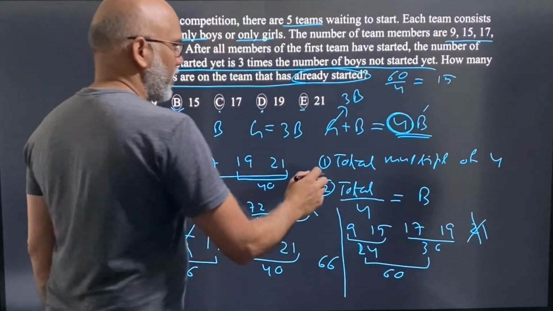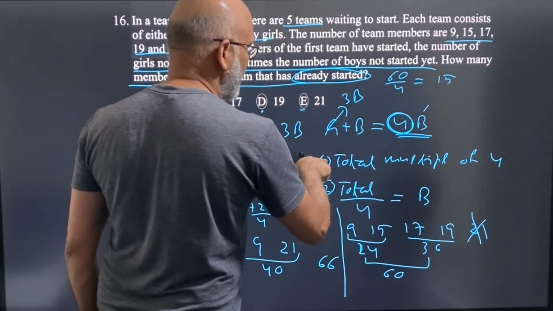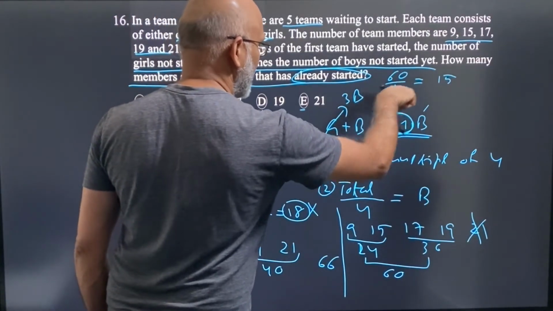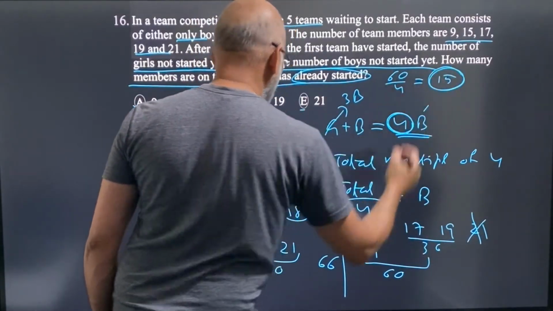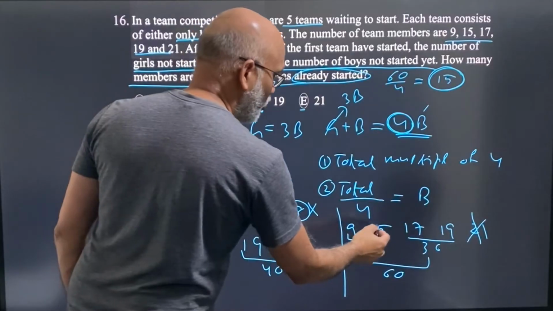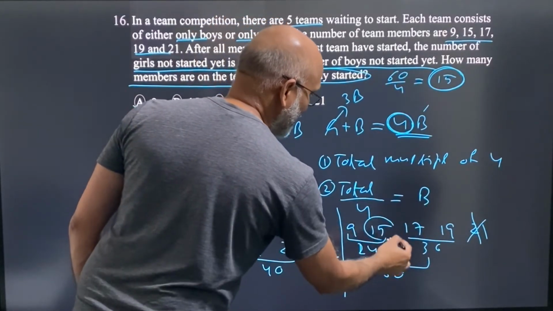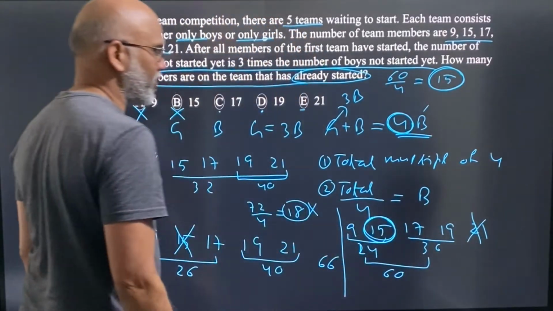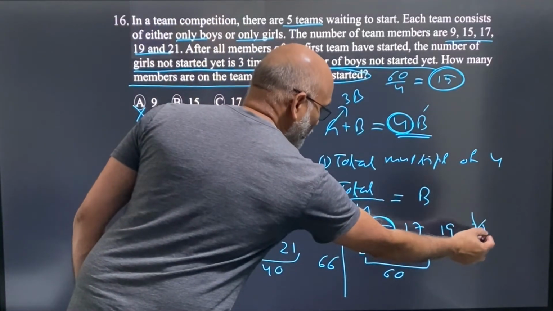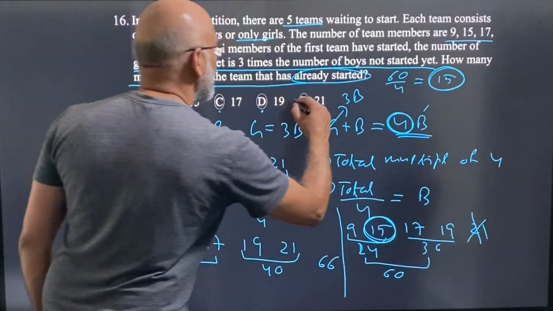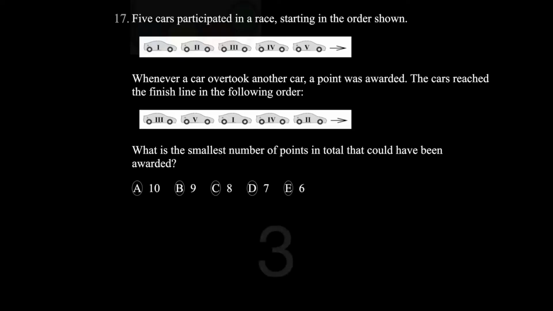So the first condition is already satisfied. It's a multiple of 4, right? And when I divide by 4, I get 15. Now this should be one of the groups that is remaining. And yes, it is in fact one of the groups that is remaining. Then this group must have started, right? Then E is the correct choice.